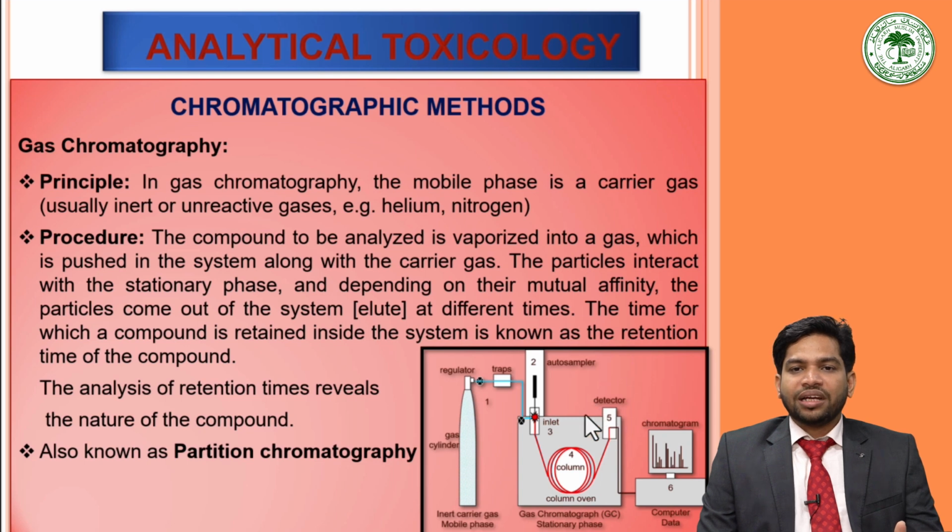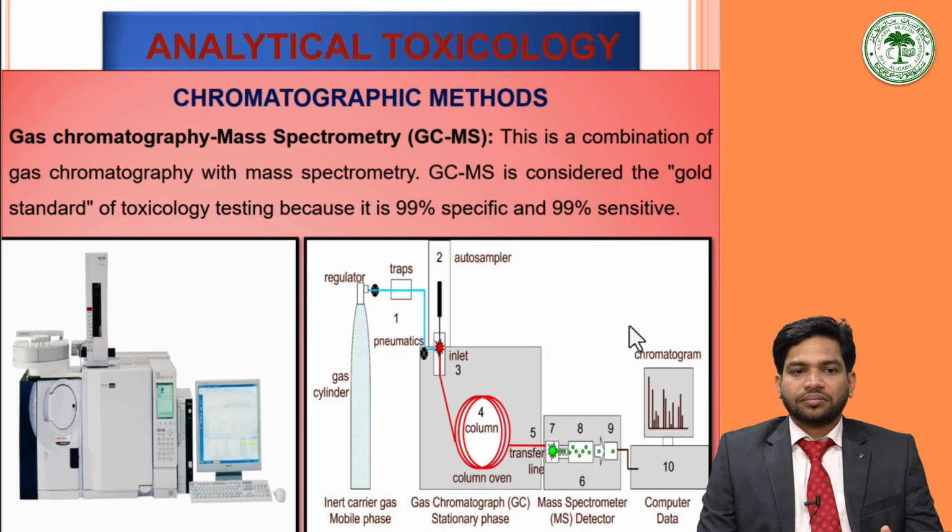So the detector will detect which substance has come out at what time, and according to that they will create a chromatograph, and that can be used to detect the nature of this mixture. So by this, gas chromatography is used.